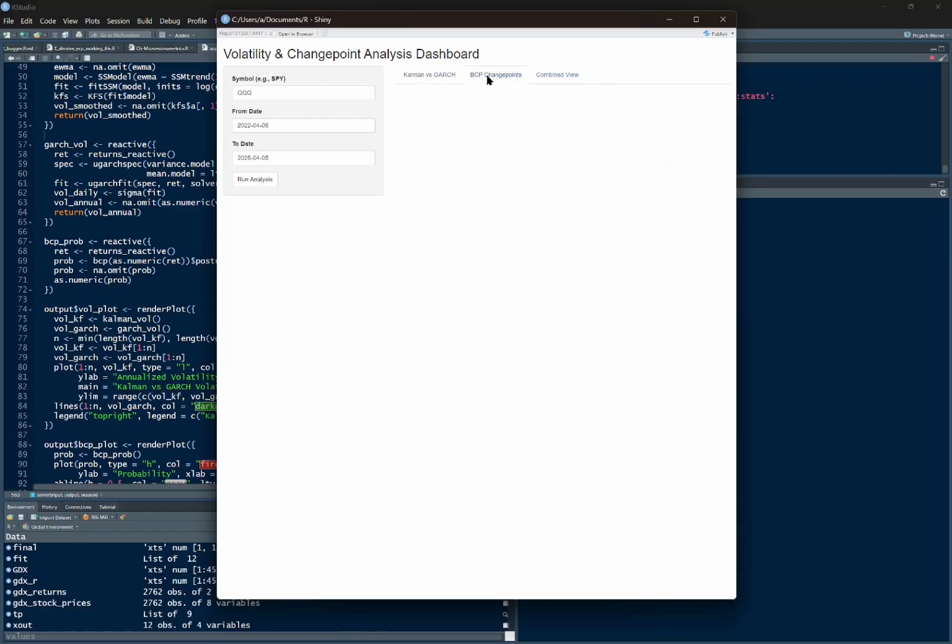The BCP change points. There's virtually nothing, and you can see in the last few days we have 100% signifying an absolute change point. So if there was any doubt before, there's no doubt now. We are in a different market.